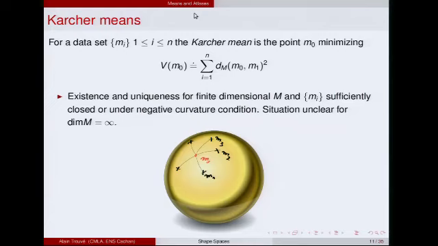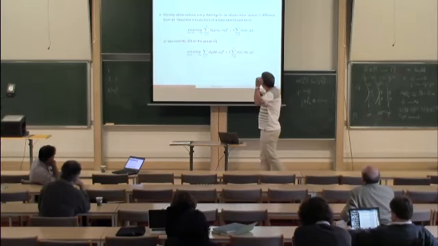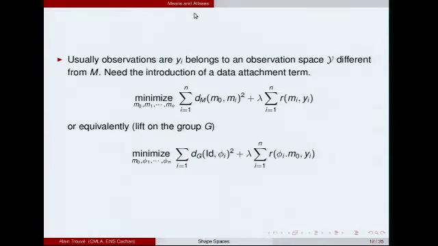We can do what people usually try to do when doing statistics on a Riemannian manifold. In that setting, usually what we are observing, M, is some kind of model space. But usually the observations can have noise, and don't forget that the model space is the orbit of the template under the action of the deformation.